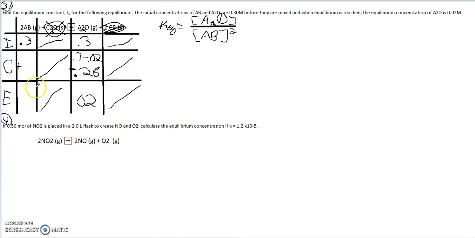Now, how much do we add over here? Because it's not as simple as just adding 0.28 over here. In this column, you have to factor in your coefficients. So you theoretically would be adding up top, and I'm going to write it kind of small up here, you would be adding 2x.